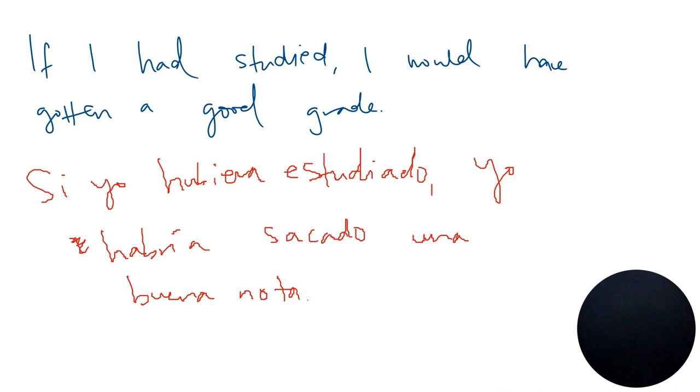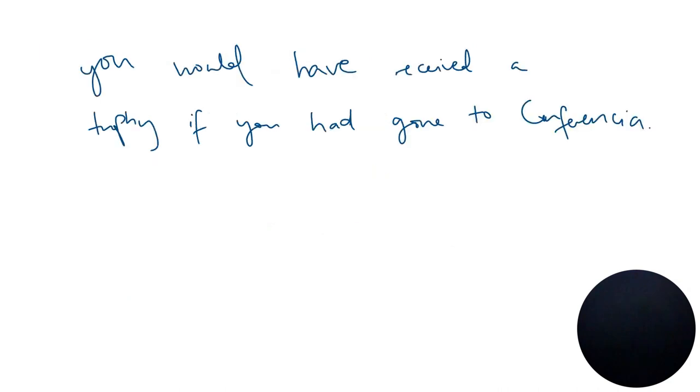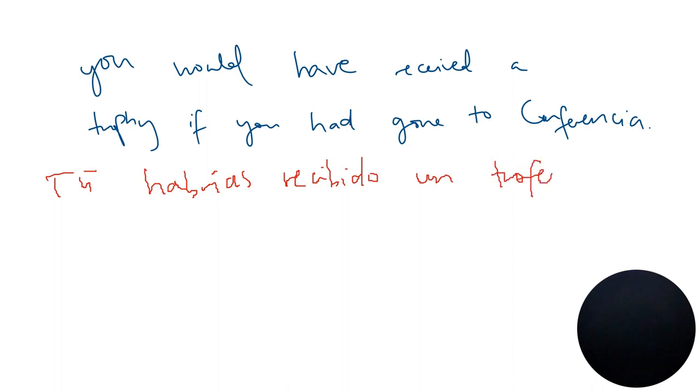You could also put this in the opposite order. So I could have my conditional perfect first and then my past perfect subjunctive. For example, you would have received a trophy if you had gone to conferencia. So would have is conditional perfect, habrías recibido un trofeo.